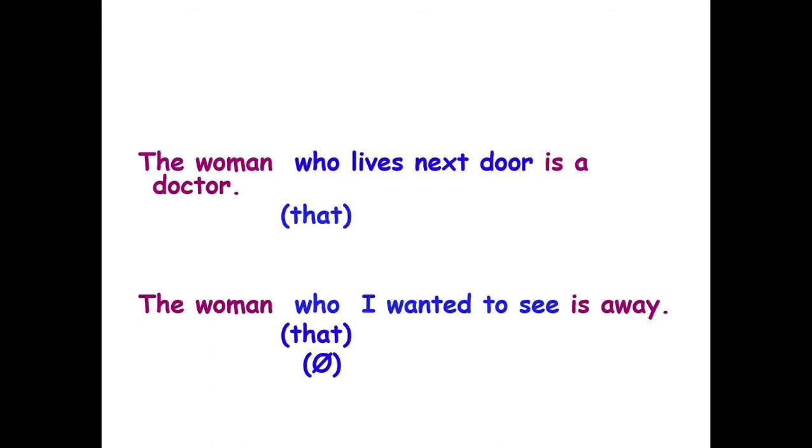The woman who lives next door is a doctor. The woman who I wanted to see is away. You can remove who and the clause. It can be: the woman is away. That shows the difference between defining and non-defining.